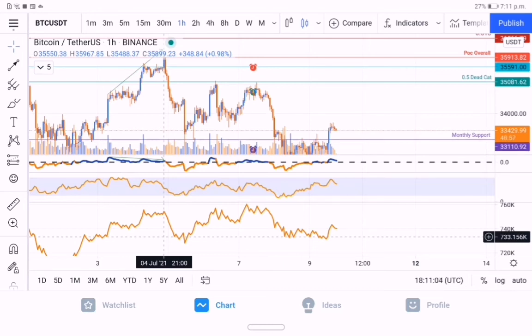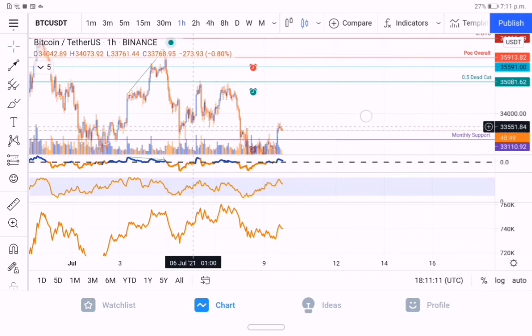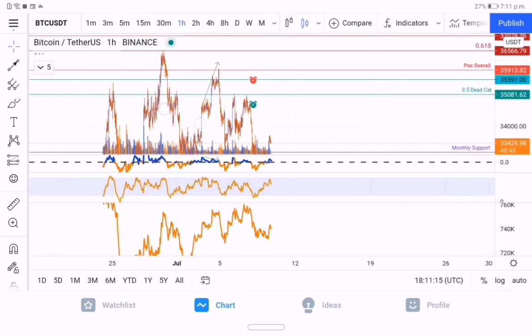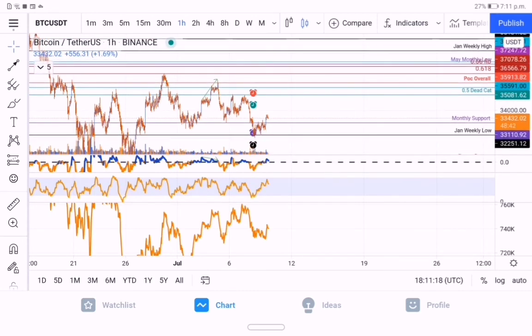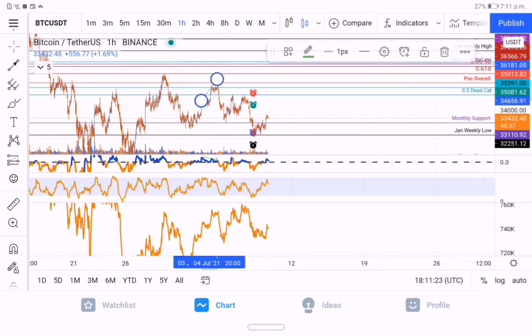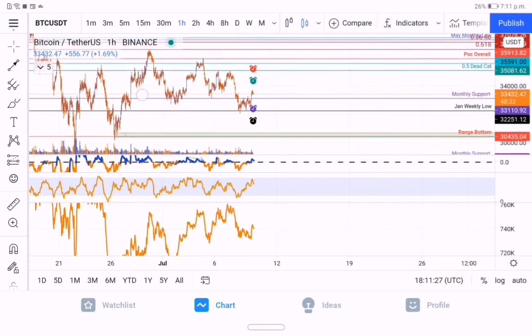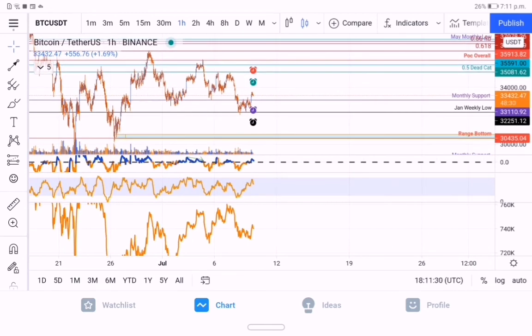And the more you use in confluence with each other, along with context, because obviously if you look further back, we've been dumping for ages, and so the overall context is that we're going down. So to see that the price action is also weak in terms of open interest and the money flow index, everything marries together to give you the full picture.